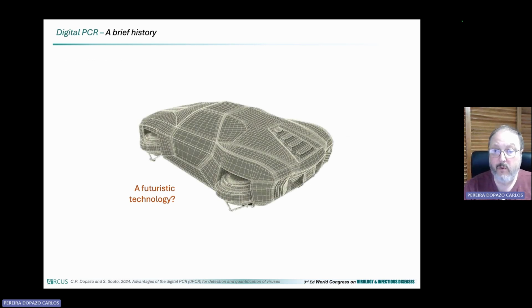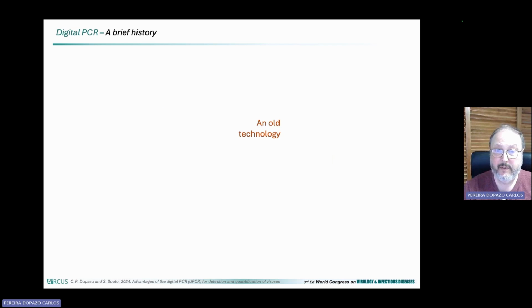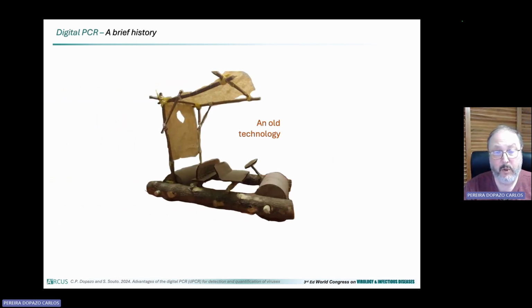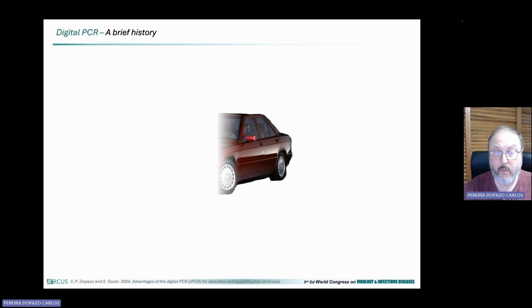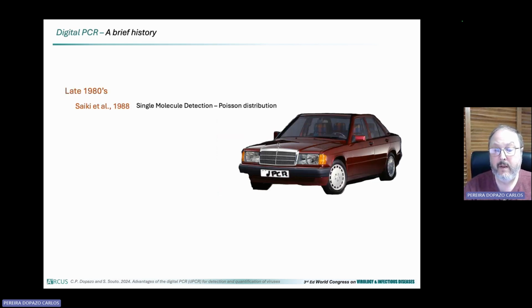This might look like a futuristic technology, but I must say that it is not. It is quite old, not at all new, because it is from the late 80s when a group of Seiki decided to demonstrate that they were able to amplify a single molecule, a single genome.